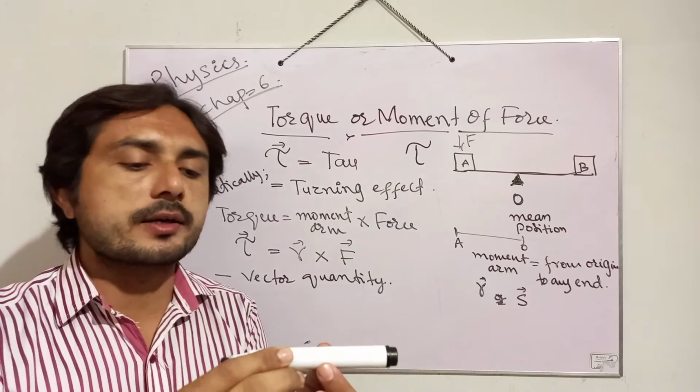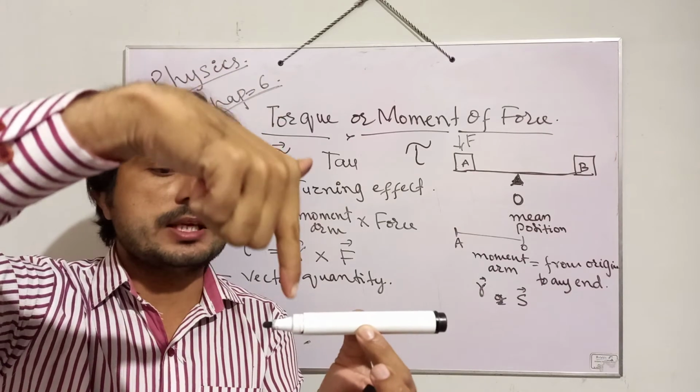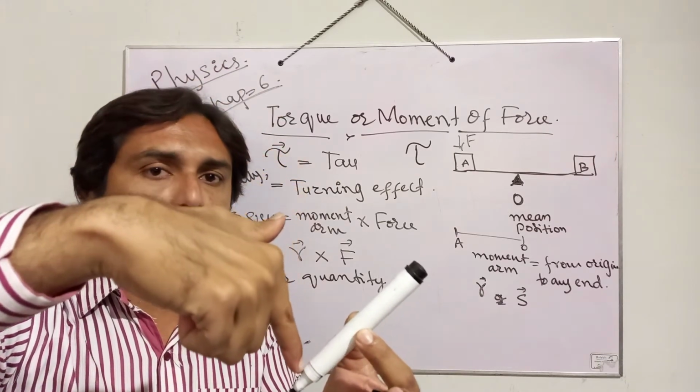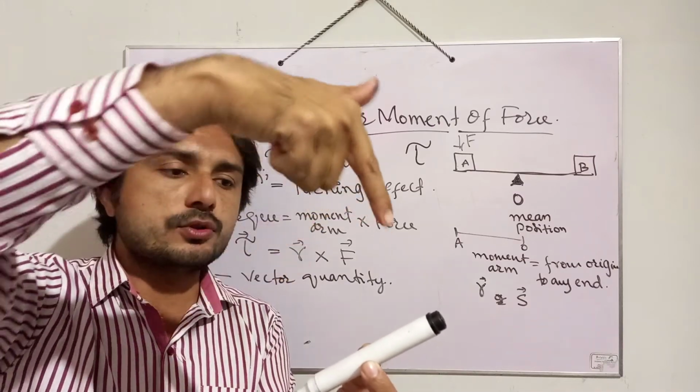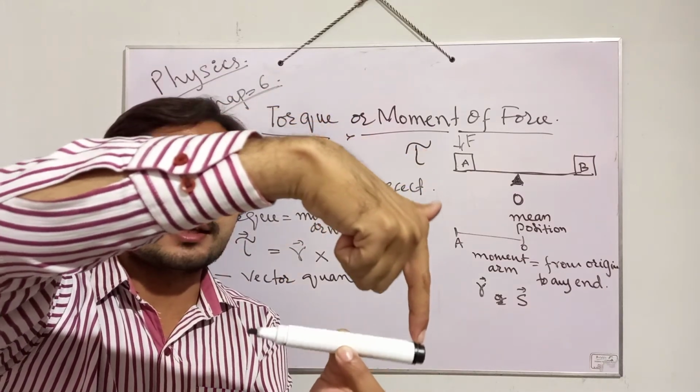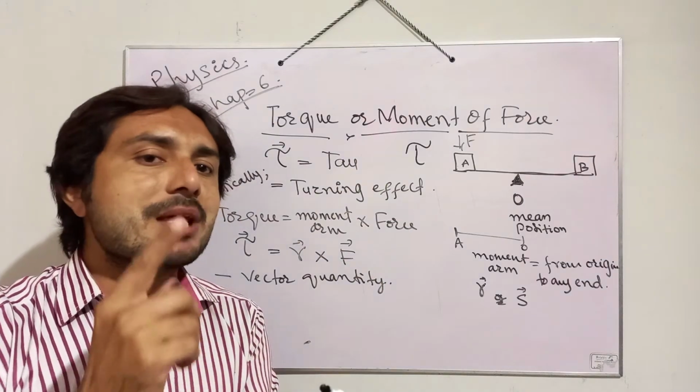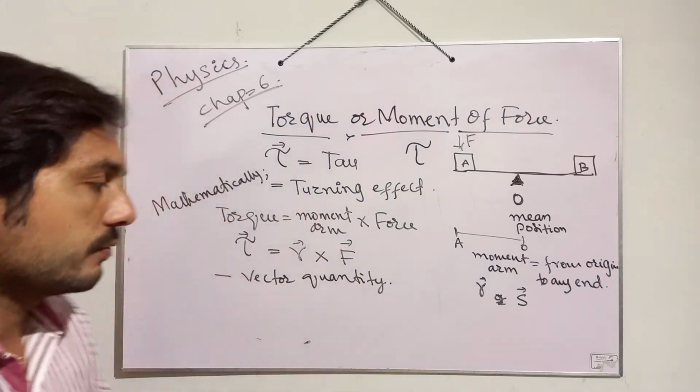If you can see this marker, if I am applying this force from this direction, it is moving downward, that is the anti-clockwise direction. But if I am applying the force from this direction, it will move like this in the clockwise direction. So there may be only two directions of the torque.